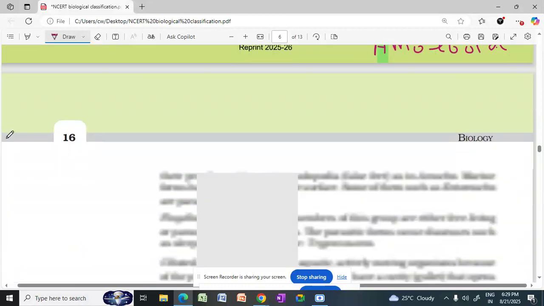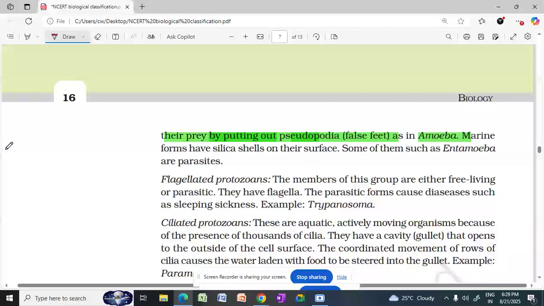How do they behave? What is discussed here? Read this second line once. This is what?